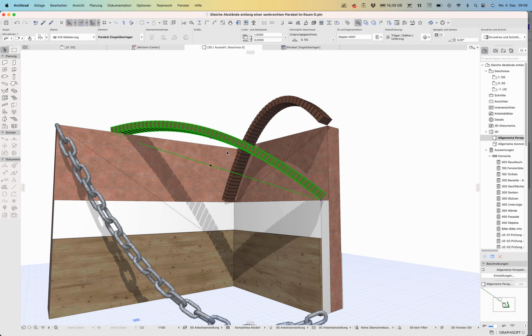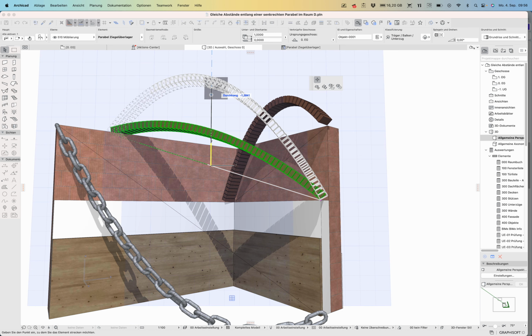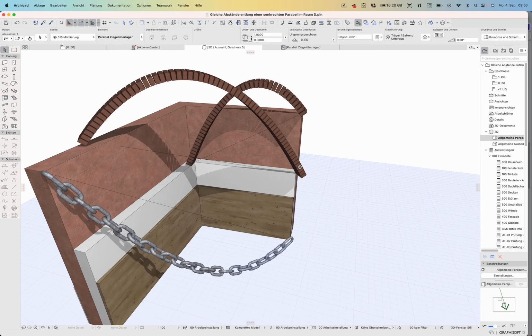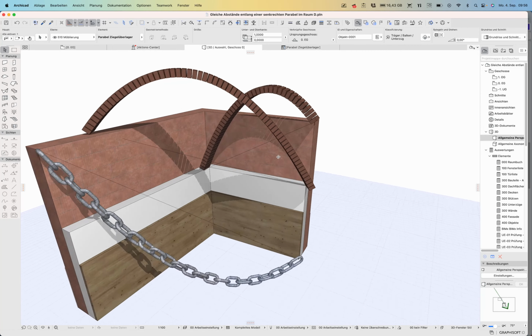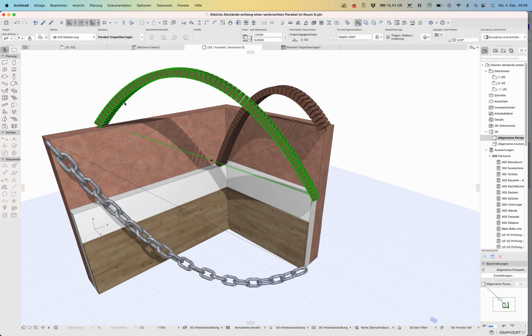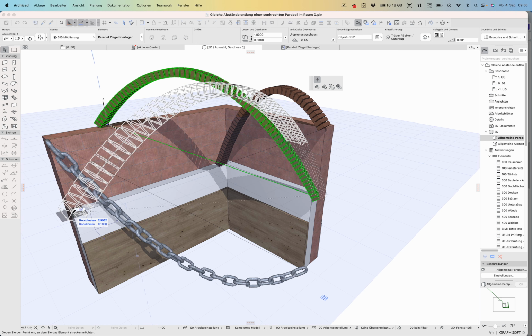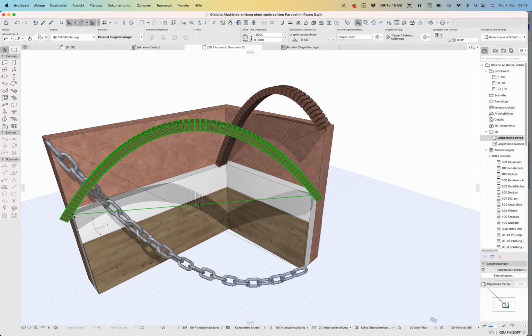Okay, here it is. For something like this, you can think about making some new brick bounds here, and it's still following wherever you go.